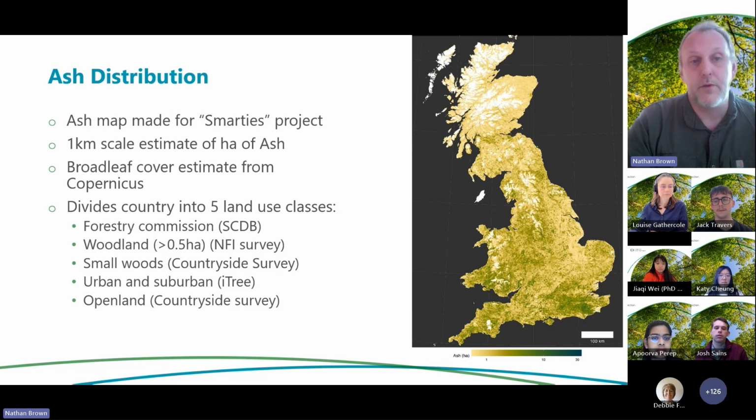So we could use things like the Forestry Commission subcompartment database, iTree surveys, countryside survey, and the National Forest Inventory. And so it's a guess. At the very local scale, it's going to be wrong, but hopefully at the broad scale, this will reflect the amount of ash that's likely to occur.